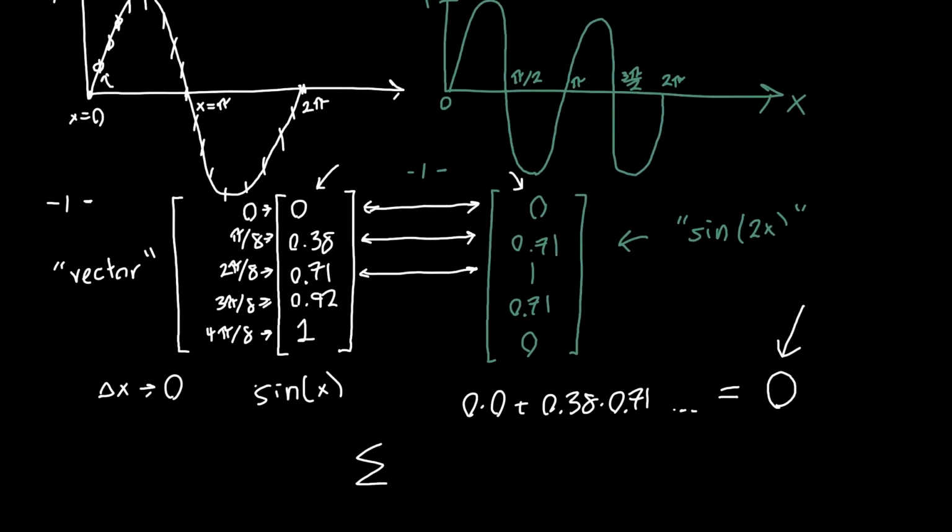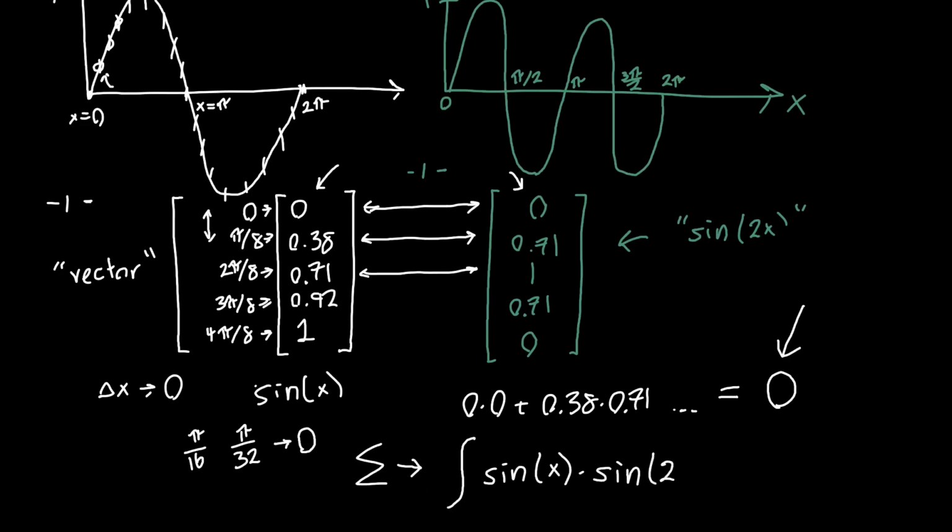Or if we want these values to be even more finely spaced, so instead of pi over 8, maybe we want pi over 16 or pi over 32, or maybe we want them infinitely spaced, so we want the distance between these two to approach 0, then this sum will start to look a whole lot like an integral. And so we're going to be taking the integral of these two functions with respect to x.